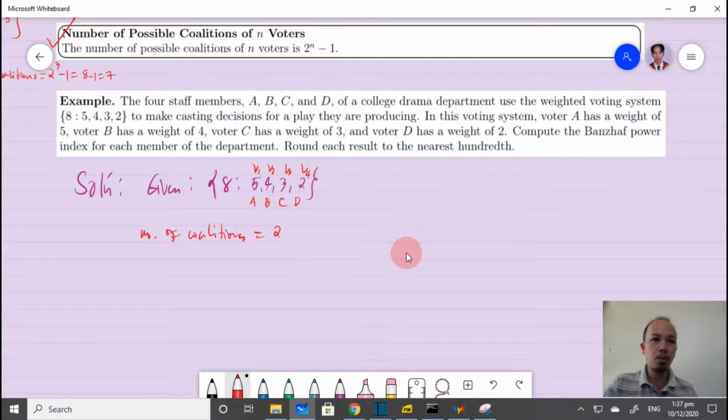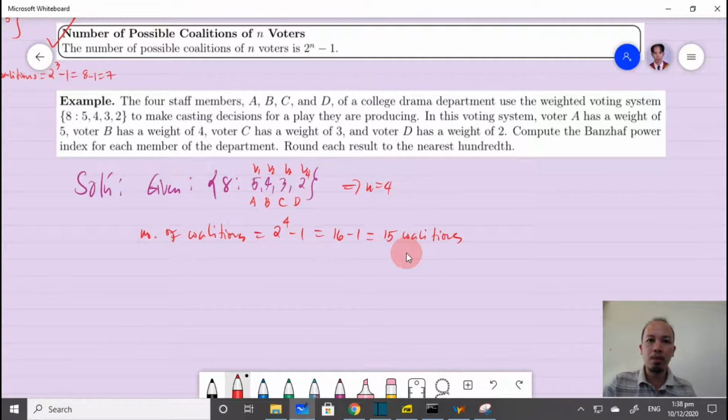This is 2 to the n minus 1. Our n is 4, so we have 2 to the 4 minus 1. 2 to the 4 is 16, 2 times 2 times 2 times 2, minus 1. So we have 15 coalitions.